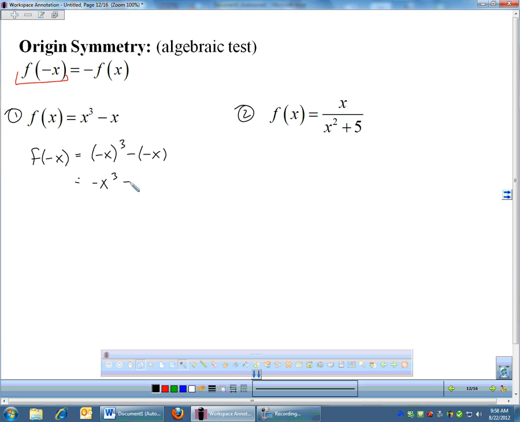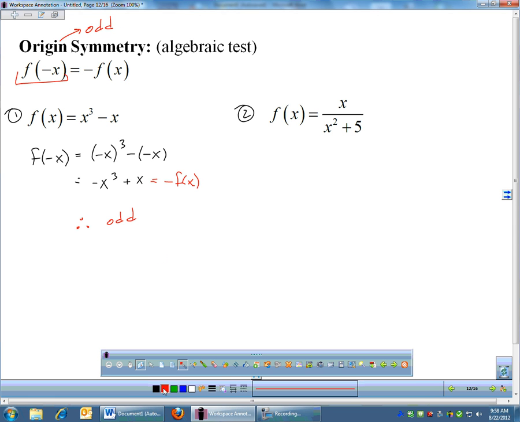Minus a negative x will be plus an x. And if you look at this, you'll notice that I almost got the same function back, except it's the exact opposite. So negative x cubed plus x, that was positive x cubed minus x. This is the opposite of my original function, and that makes this an odd function. And remember, odd and origin are interchangeable.